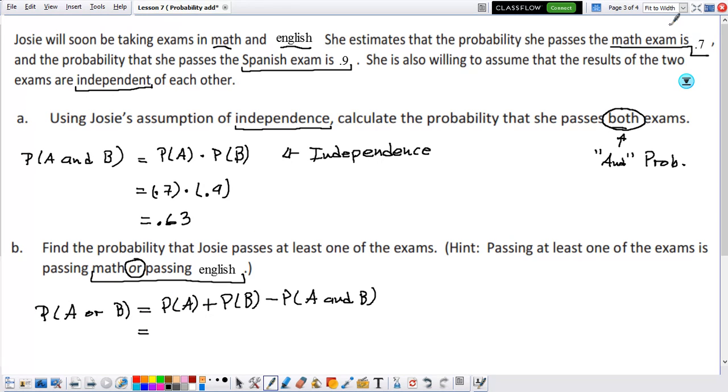It says the probability of the first event is 0.7. So we got 0.7 plus the probability of the second event, which we found to be 0.9, minus the probability of A and B. But we found this in example A. We know the probability of A and B is equal to 0.63. So we're going to plug that into our formula. And now, if we evaluate, we get 0.97.